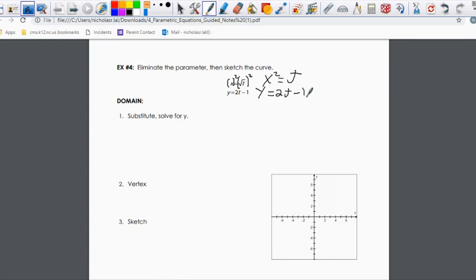And if y is equal to 2t minus 1, then that means y is equal to 2x squared minus 1. So y is equal to 2x squared minus 1. So we've substituted and we have solved for y, okay?